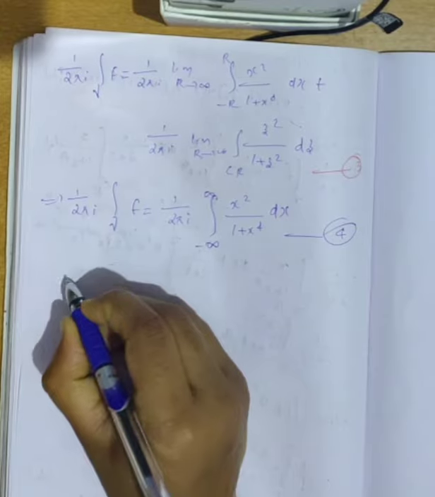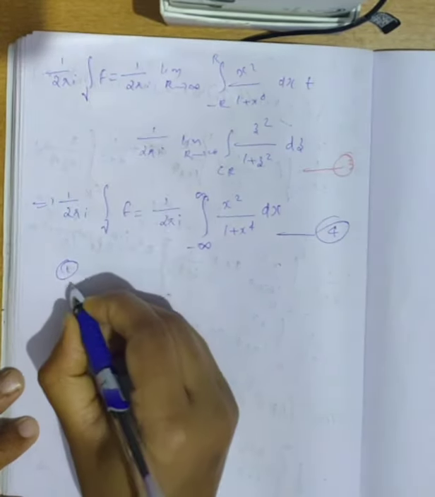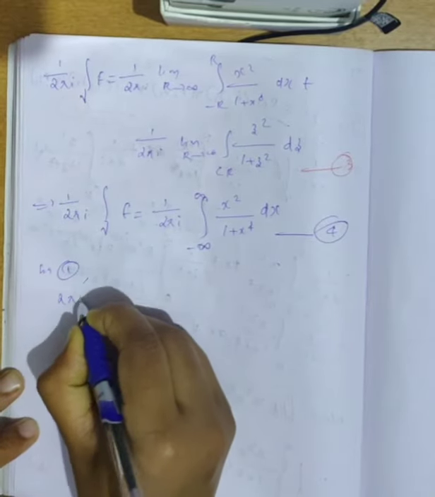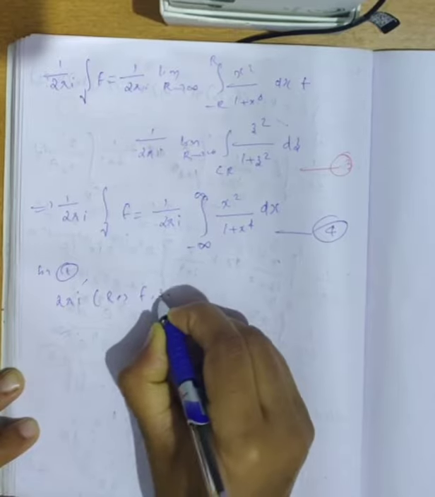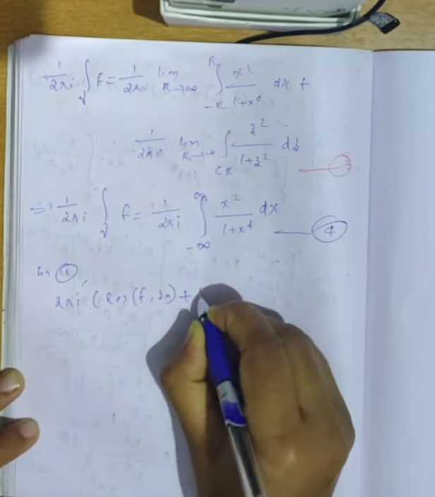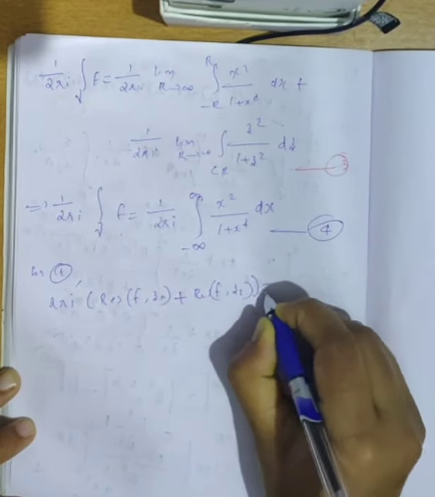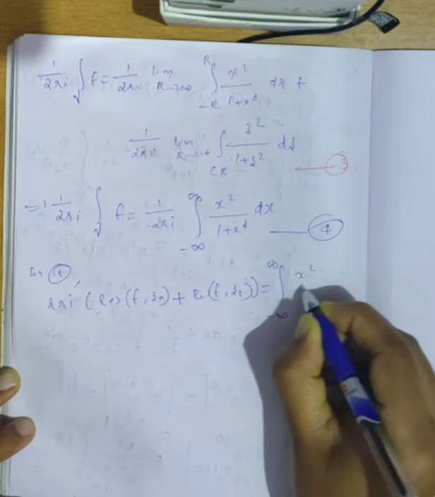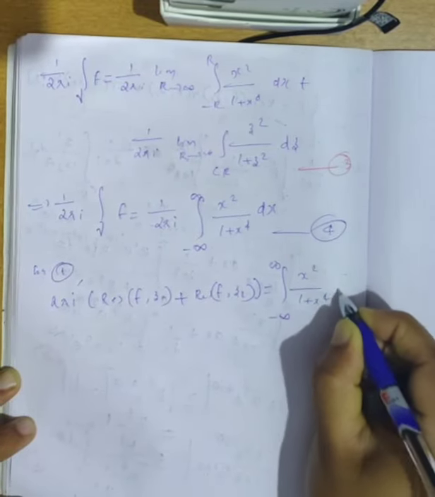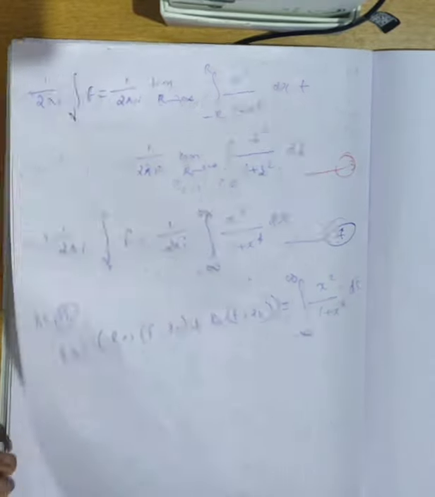Then by 1 we have 2 pi i into residue of f comma z1 plus residue of f comma z2 equals integral from minus infinity to infinity x square divided by 1 plus x raised to 4 dx. Okay, by 1. That is, what is our 1?